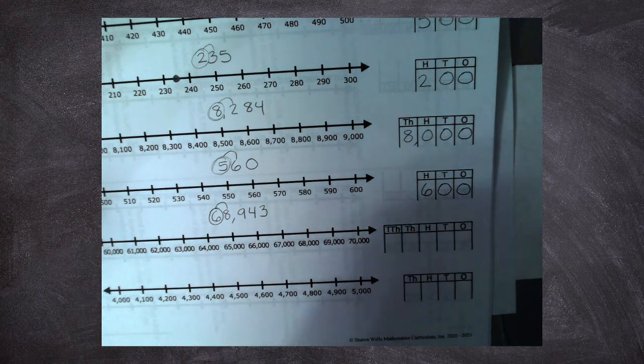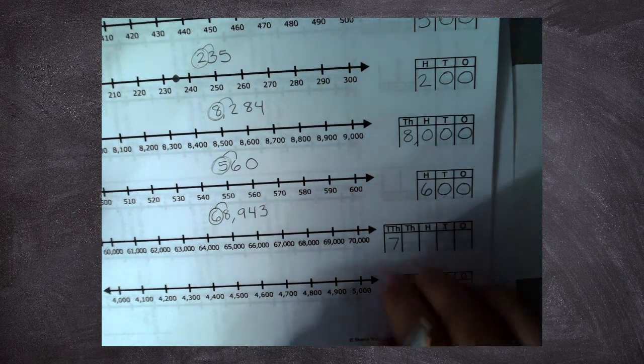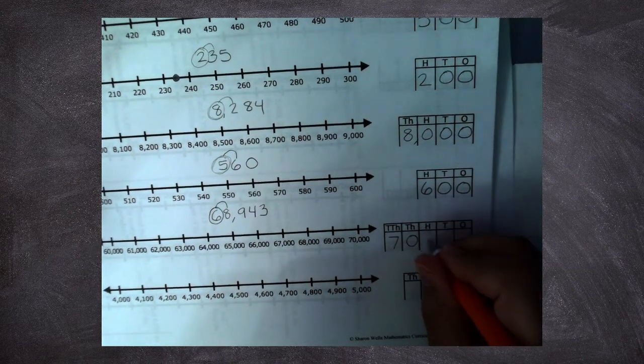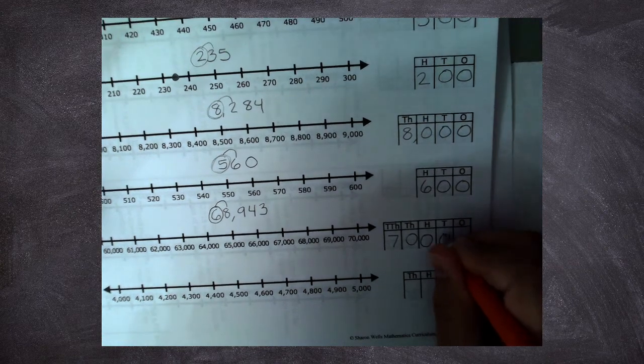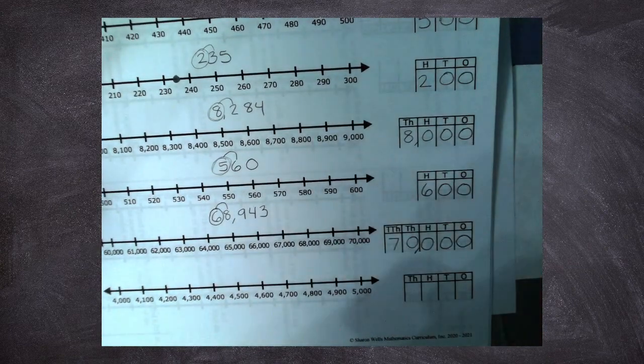A 7. So 7 in the 10,000 place. And all the smaller place values are going to be zeros. So if I round 68,943, I get 70,000.